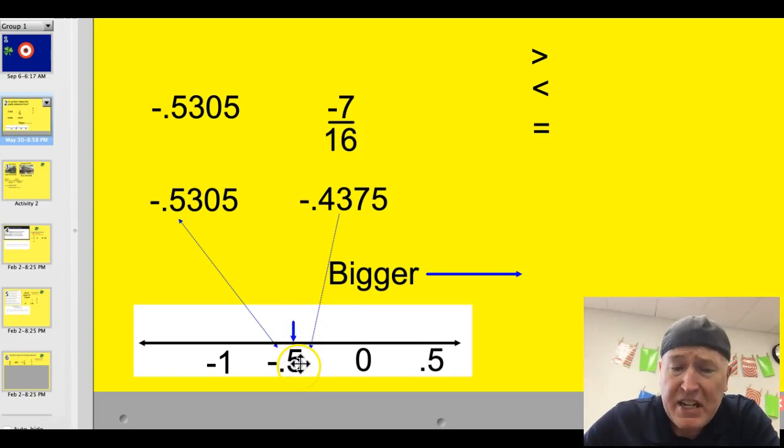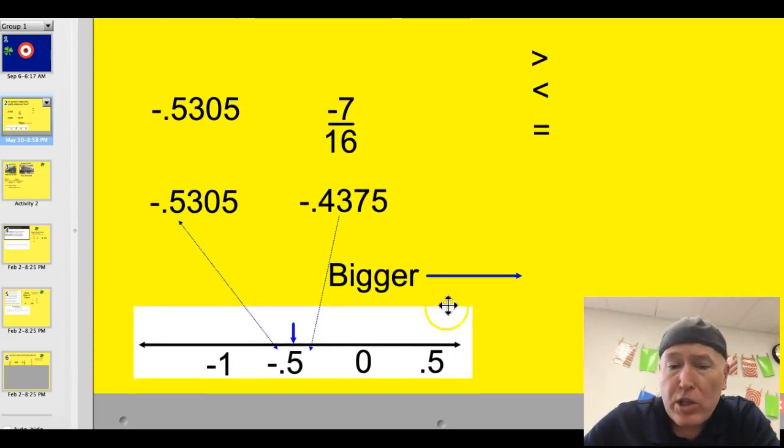Think of this as negative 50 cents, and this is negative 43 cents, so it's going to come on this side. This one, on the other hand, is like negative 53 cents. That's going to come on this side of the negative 0.5. It's more negative. The rule is that the closer you are to 0, the bigger the number is. The farther you are to the right, that always tells you what the larger number is.